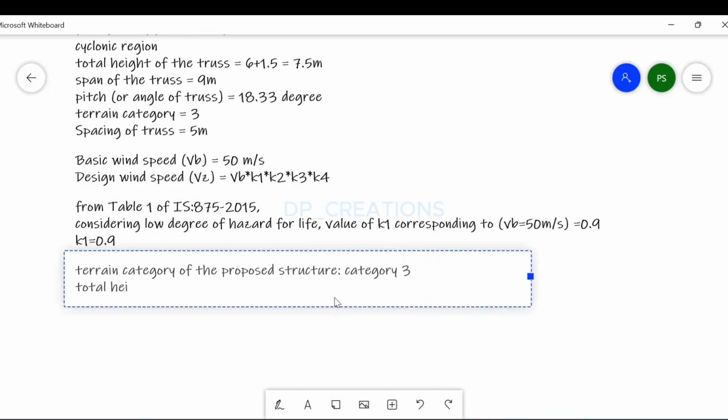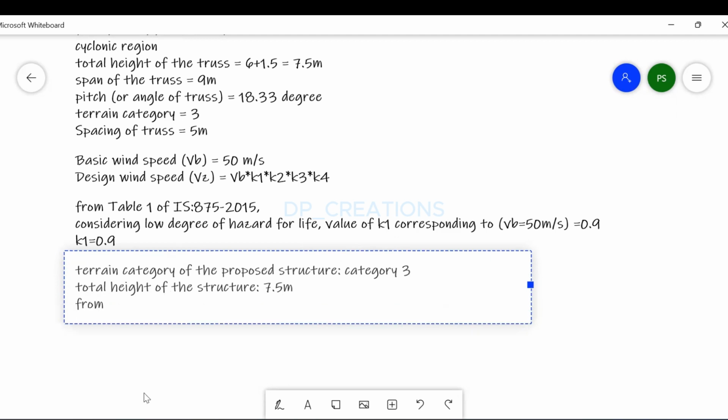Total height of the structure, yeah, 7.5, already given, 7.5 meter.